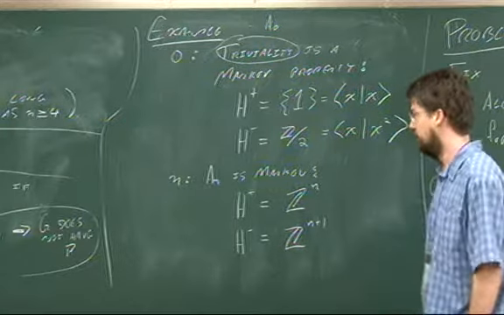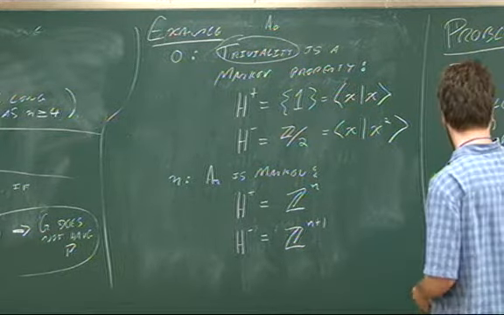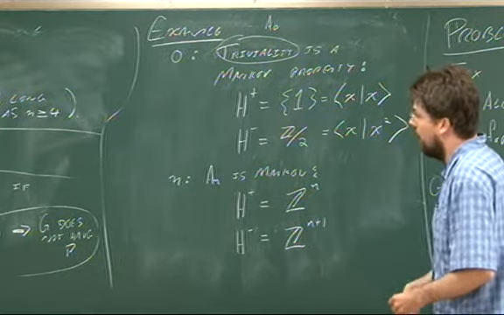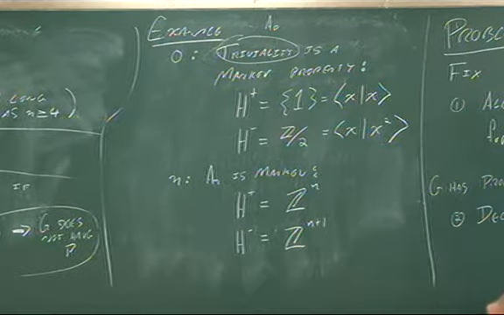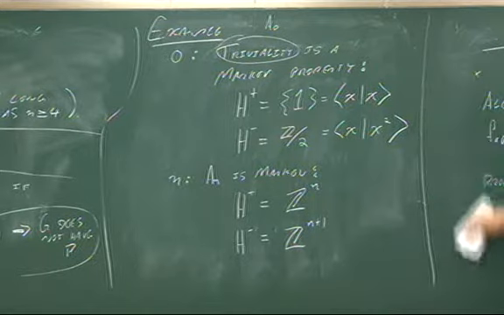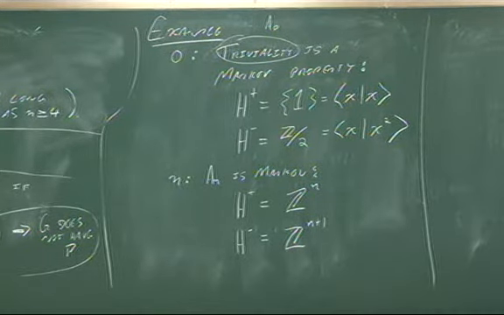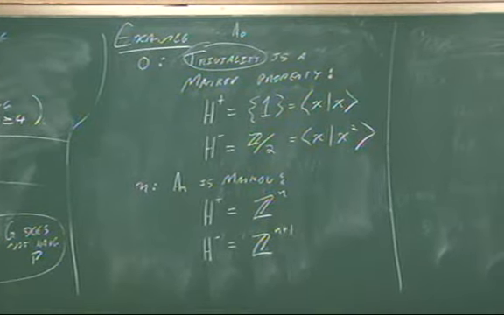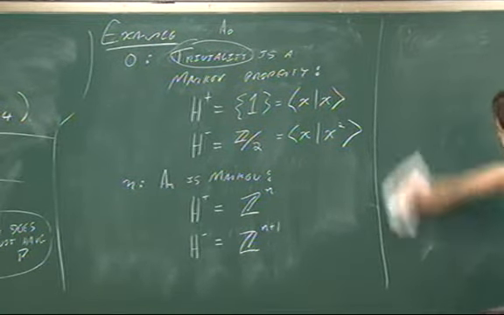So you can't have a subgroup that looks like Z to the n plus 1. Okay, so the point of this is that there's a beautiful theorem of Adian and Rabin, a classical theorem in this subject, that says that Markov properties are undecidable.